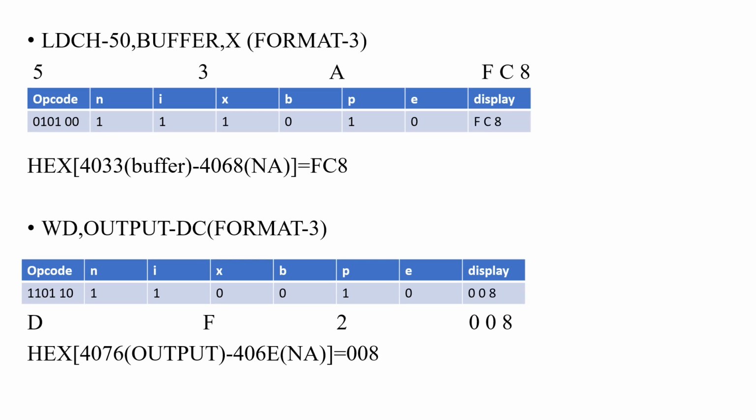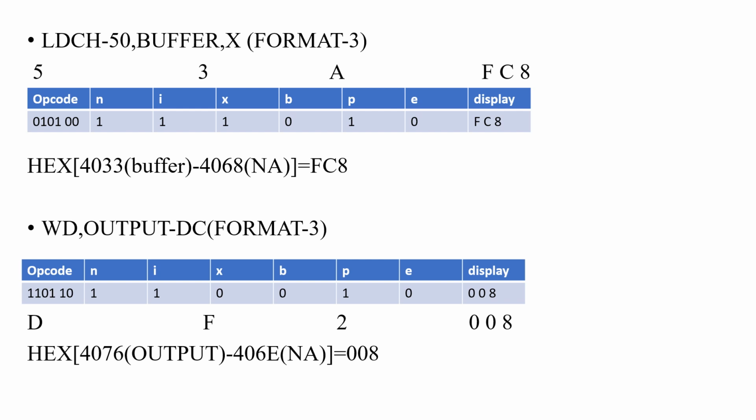And then next, moving to the opcode LDCH buffer X. Here it is of format 3, where the first 4 bits of the opcode are written with the value 5, that is 0101, and 0 is written in 2-bit form. Again the value of N and I is 1. Here the value of X is 1, because the buffer contains the X register, so we are mentioning X as 1.